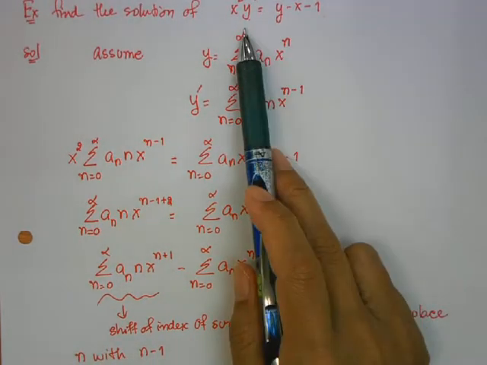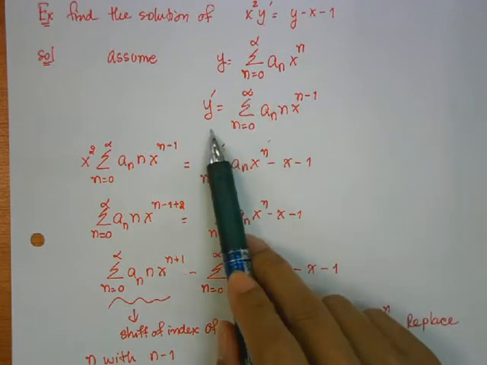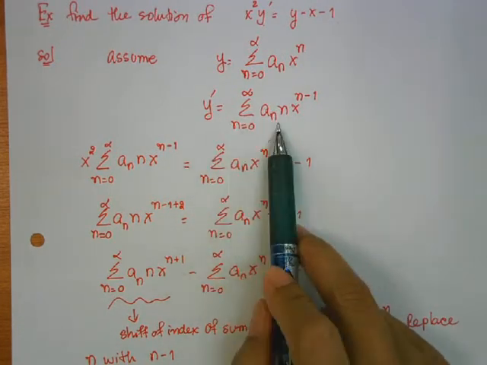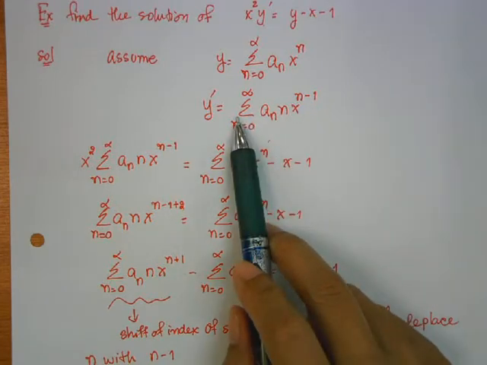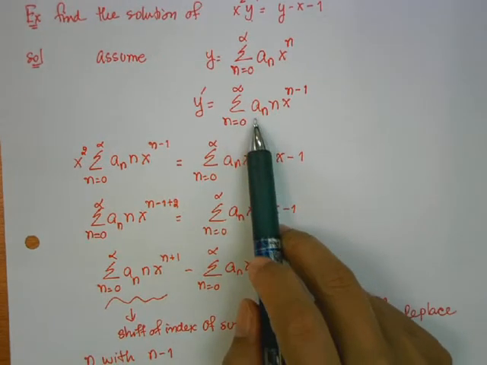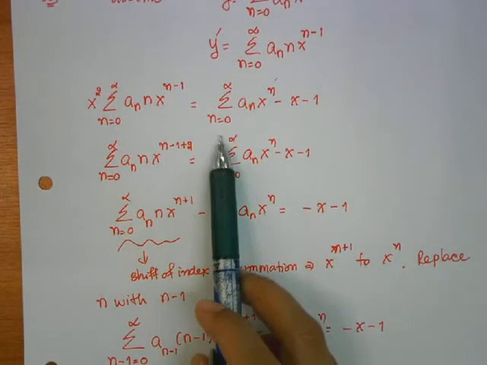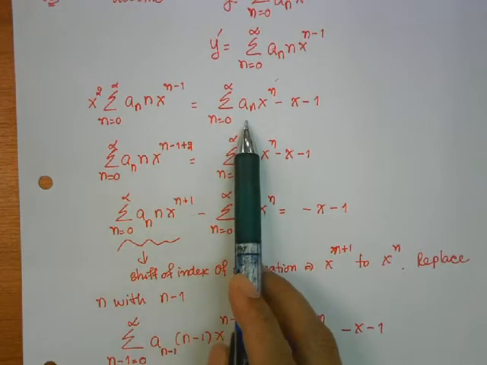For our differential equation we need the first derivative of y, so we differentiate the y that we assumed and get n times a_n times x to the power n minus 1. Then we plug y and the first derivative of y into our differential equation, and we will get this term.